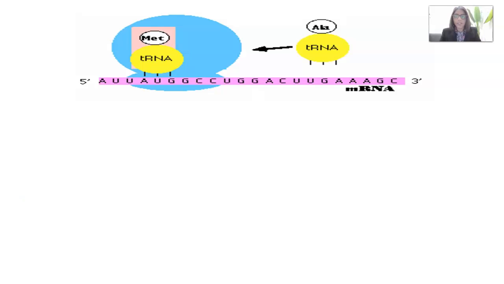So now that we understand a little bit about the structure of tRNA and how it corresponds with mRNA, I'm just going to explain how translation occurs. So here, this pink line represents our mRNA code, and the blue blob in the background is the ribosome.